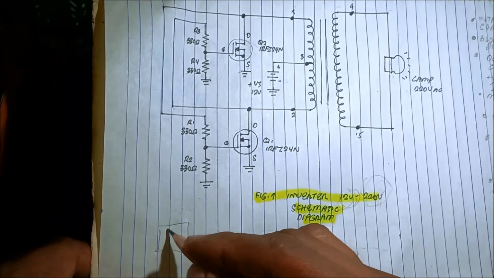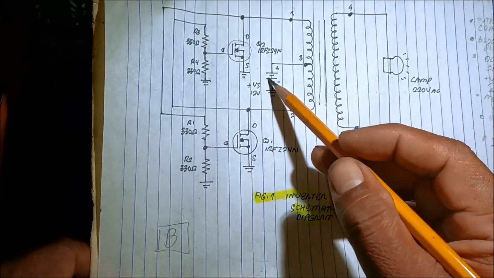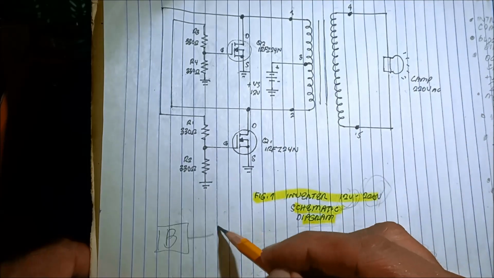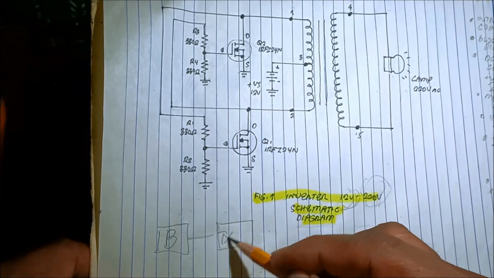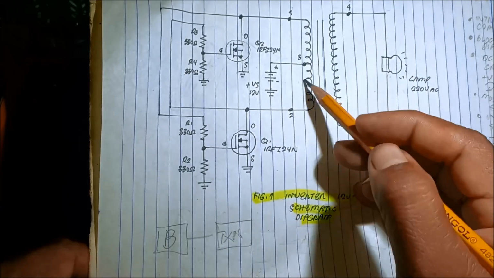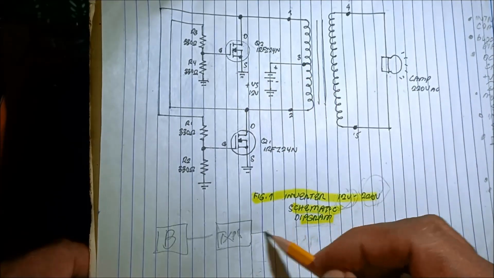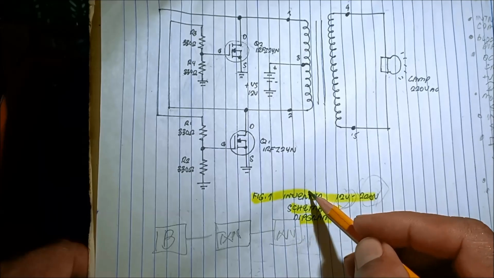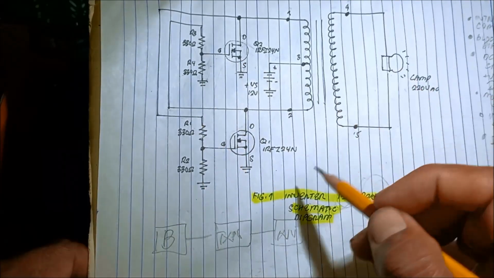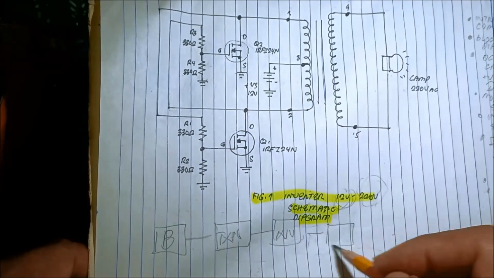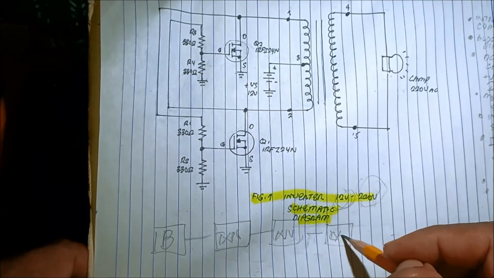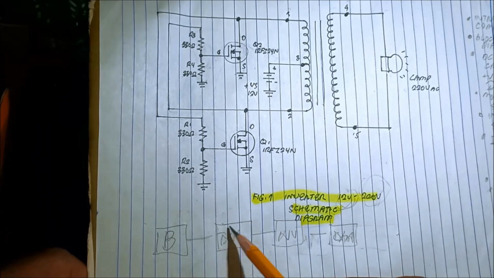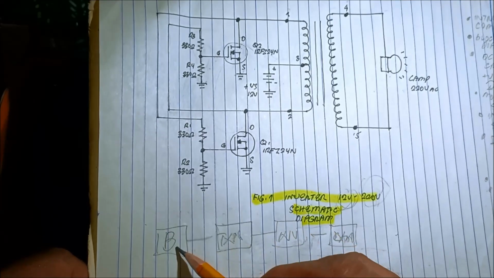First, we have the battery. This is the battery. Then, from the battery, there is a transformer. After the transformer, we have this inverter, and then the output lamp. Okay? Battery, transformer, inverter, lamp.